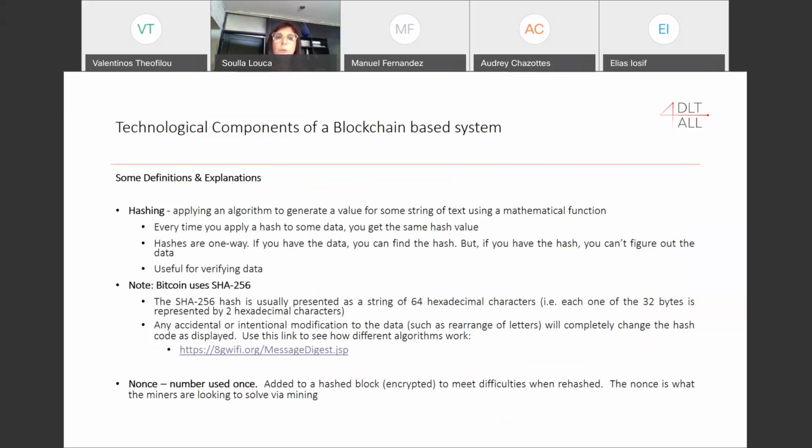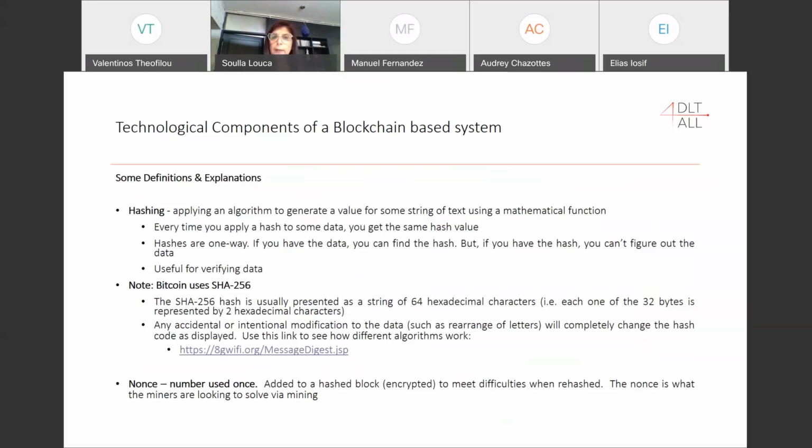I would like to go over some more definitions and explanations to understand the whole thing here as we move forward. Hashing. What is actually hashing? I'm sure that some of you have heard this term before.